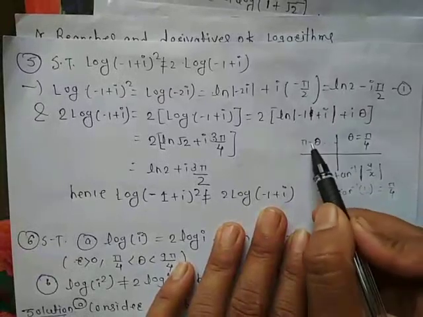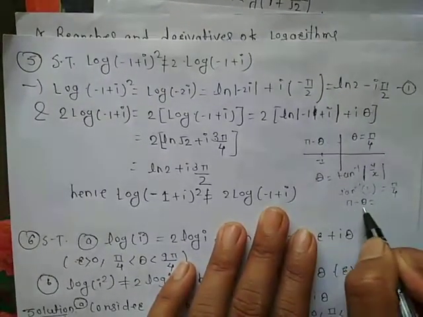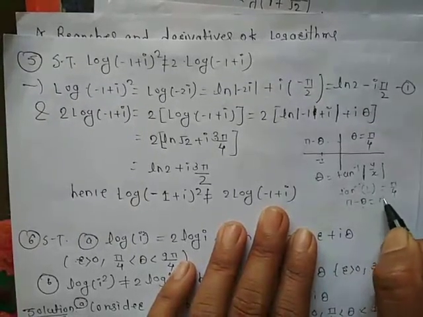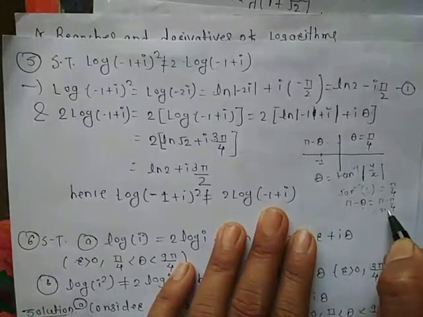But in the second quadrant, the value of theta is pi minus theta, which means pi minus pi by 4, that's why it is 3 pi by 4.